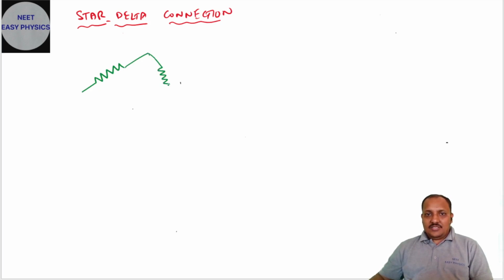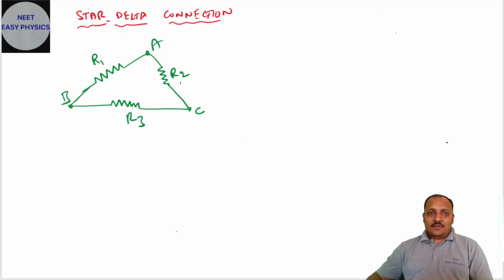If a bridge is not balanced, how do we solve these types of questions? One is by following Kirchhoff's laws. Another one is by using this star delta connection. So if you take this as A, this as B, and this as C, how is it going to be changed?